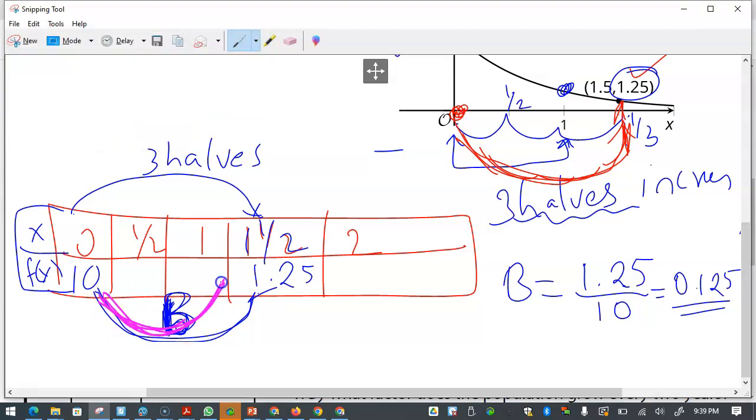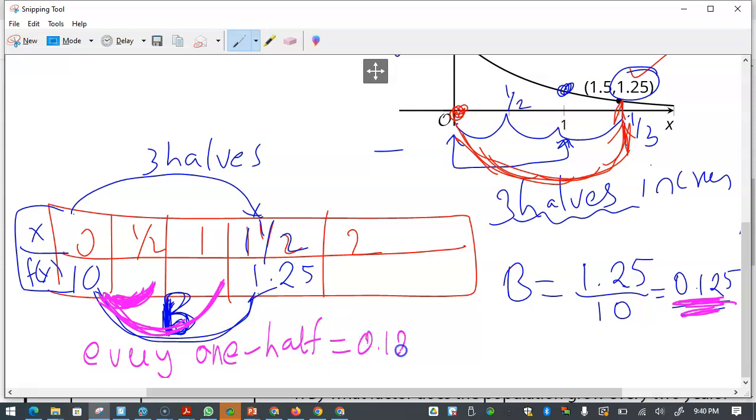So instead of doing this, first I'll go for every half, how much is this, right? And because there are three halves, for every one half it will be raised to one third. So this is like for every three halves. So for every one half, the decay factor will be 0.125 raised to one third.